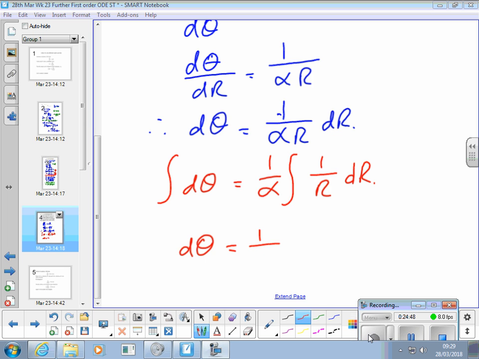So that must be 1 over alpha ln R plus C is the general solution. Theta, yes. Not on form today again, am I? You spot my deliberate mistake, Jack and Dom.